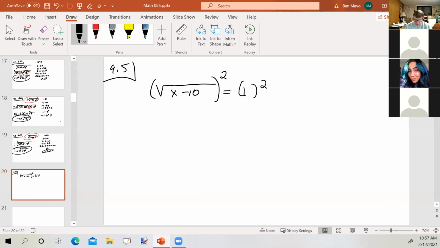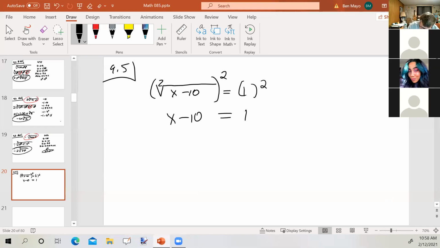On the left side, the square root of x minus 10 squared is going to be x minus 10. So again, the implied 2 index and the 2 exponent undo each other, giving us just the radicand inside. And on the right side, 1 squared is 1. Any questions about what I just did there?